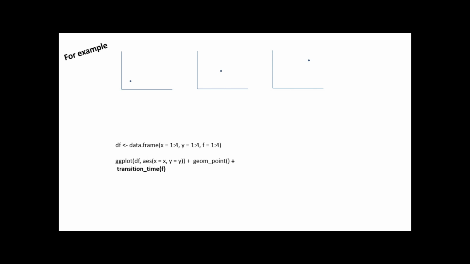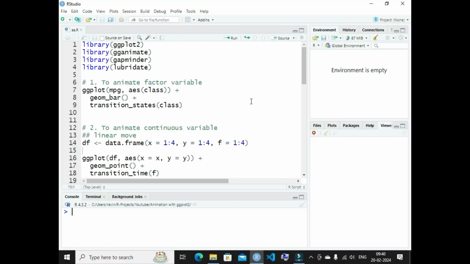Let us suppose that I want to create this type of frames in gganimate. This frame is continuous data, so in this scenario we can use transition time. And if you use this function, it will create an animation. I will show you in RStudio. This is RStudio and I am activating this library here.